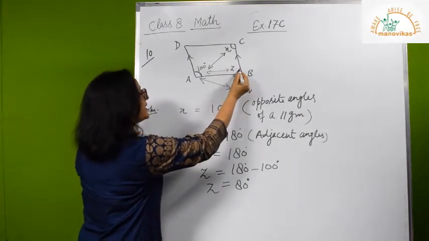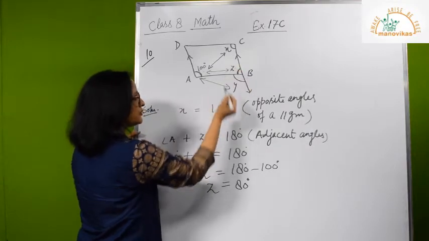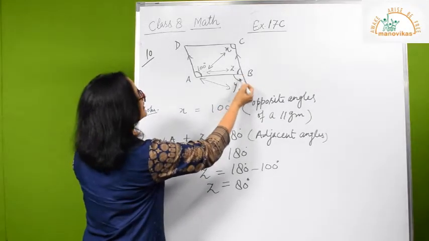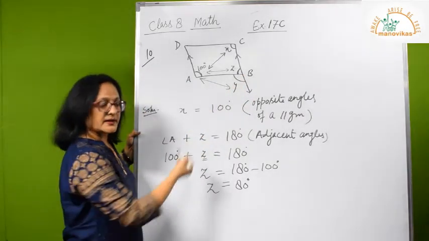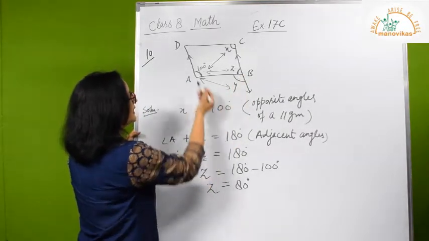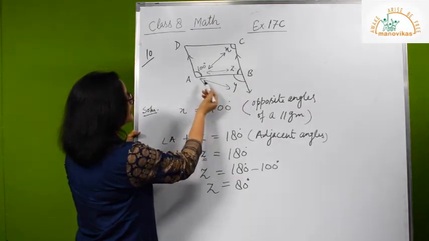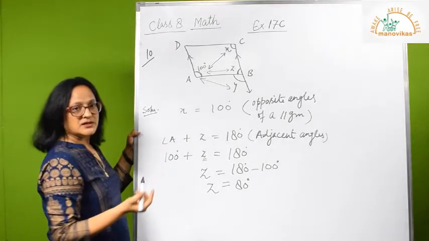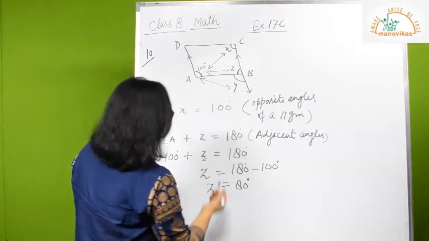Or you can find it with the help of Z also. Y and Z are making a linear pair. In a linear pair, their sum is equal to 180 degrees. That way also you can find. Otherwise, directly you can relate Y with this angle A. They are alternate interior, so directly you can find it.